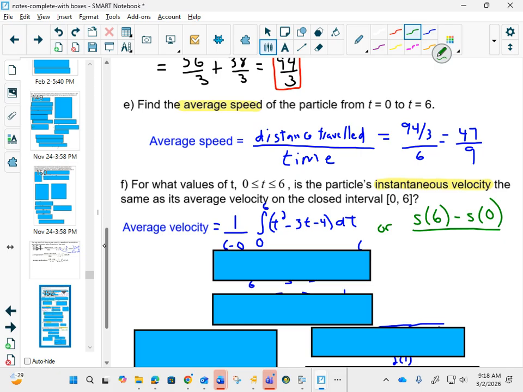Change in displacement over change in time. But if we don't have those values, then we could use our average velocity formula this way. Because this integral from 0 to 6 of your velocity, this part right here will give you this part right there.